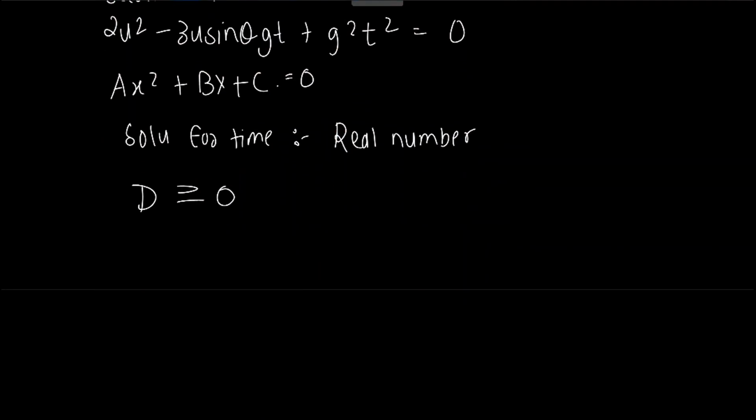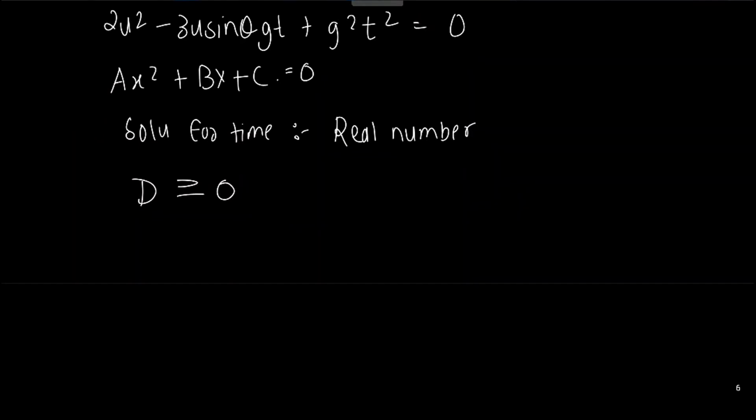So solving for the discriminant, we realize that b here is negative 3u sine theta g, a here is g squared and c is 2u squared.